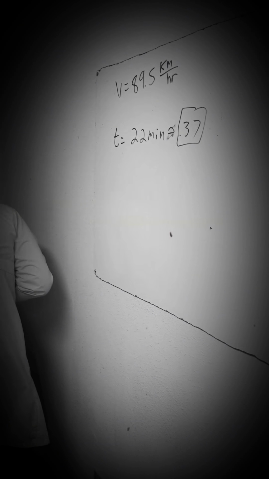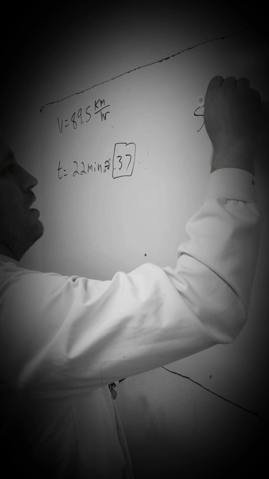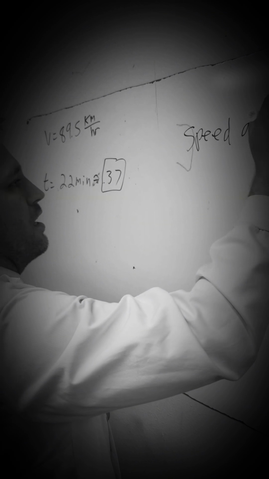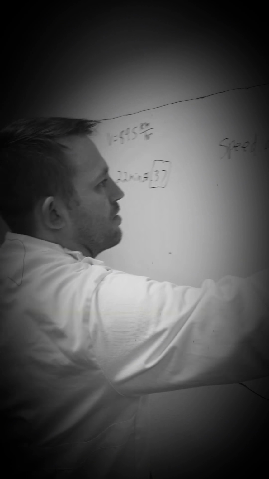If the person's average speed is 77.8 kilometers per hour, so if their average speed is 77.8. What else? How much time is spent on the trip, and how far does the person travel?